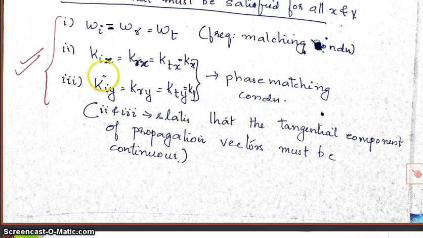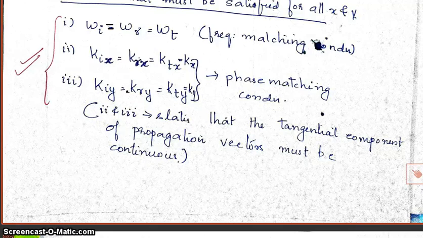And the second one is the propagation vector of the incident wave along x direction should be equal to the propagation vector of the reflected wave along x, which should be equal to the propagation vector of the transmitted wave along x direction. Both these terms should be the same, which is ideally represented as kx.